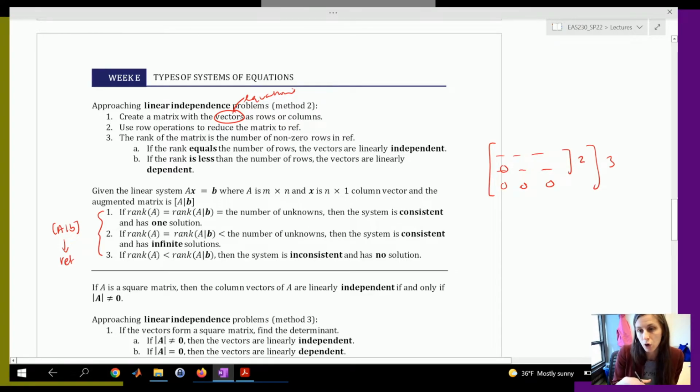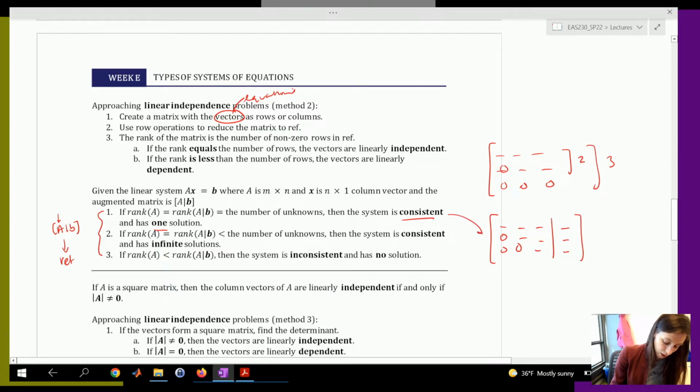You did this already in homework 10. If the rank of A is equal to the rank of AB, then this system is consistent and has one solution. That's where we end up with a lower triangle of zeros and then values over here. That is a consistent system with one solution.